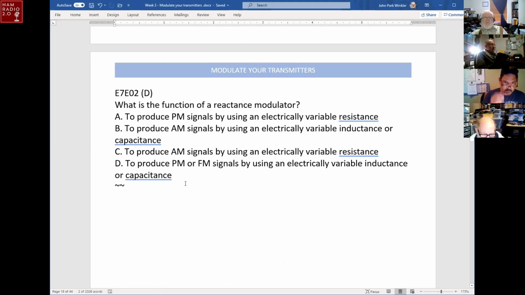What is the function of a reactance modulator? And the answer is D, to produce phase modulation or frequency modulation signals, angle modulated signals, by using an electrically variable inductor or capacitance. That's what I talked about before. Reactance modulation, the change in reactance changes the frequency of the tune circuit in the oscillator.